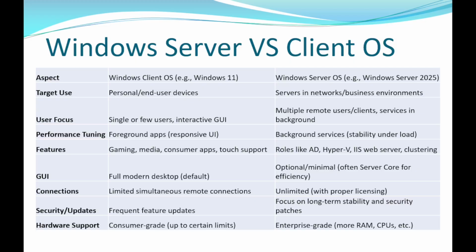Server edition mainly focuses on long-term stability and security patches. Hardware support: consumer grade, up to certain limits only, for the client operating system. Enterprise-grade server hardware is where we can deploy the server edition.